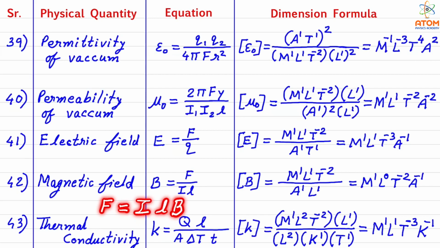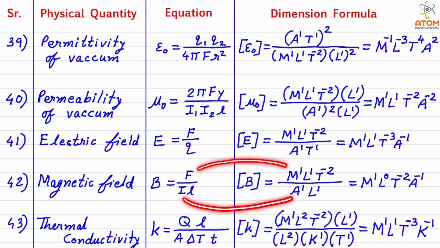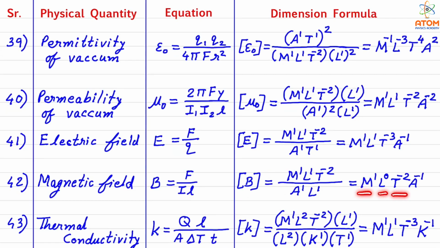So from this equation, B can be taken as a subject, and so B is F upon IL, where F is force, I is current, L is the length. For F, the dimension formula is M1 L1 T minus 2. For I, the dimension formula is A1. For L, the dimension formula is L1. Solving this, we will get M1 L0 T raised to minus 2 and A raised to minus 1.